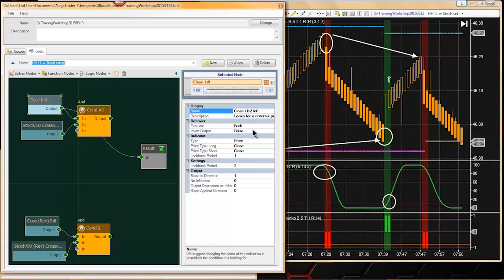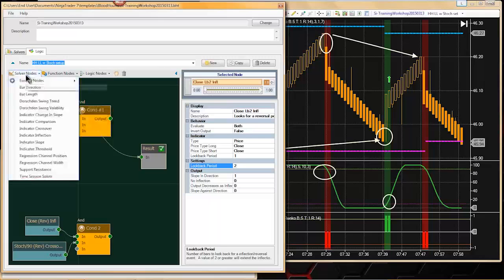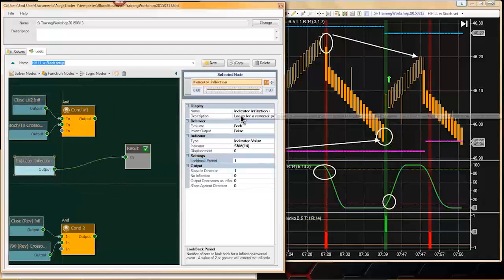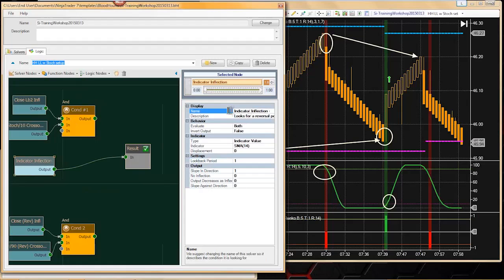So it has a look back of 2, because what I'm going to need to do is build another inflection solver here. Yes, okay.